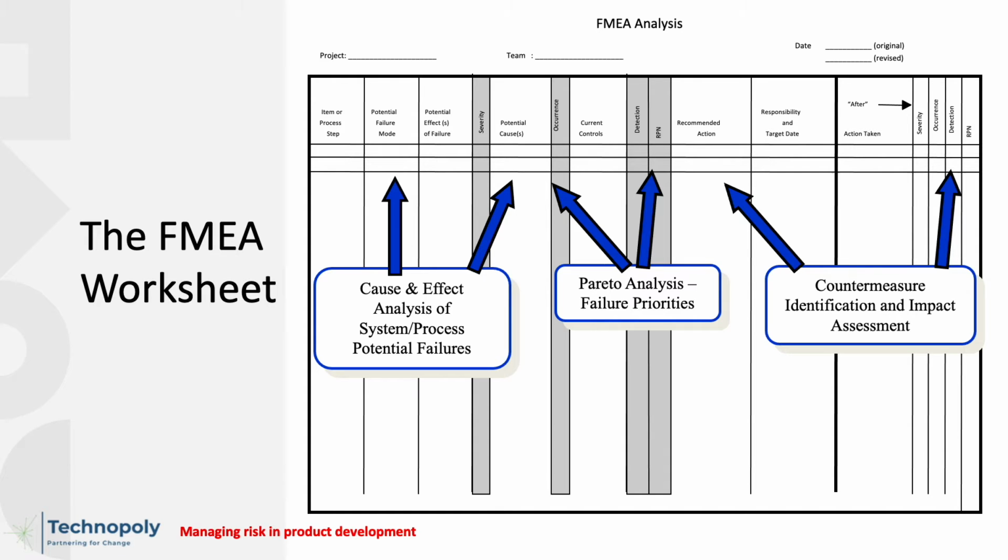By using these three items, we will be estimating what we call the risk priority score or the risk priority number or the RPN. Once we have evaluated our risk, we need to be able to identify the appropriate countermeasures and how these countermeasures can eventually improve the risk score that we originally established.